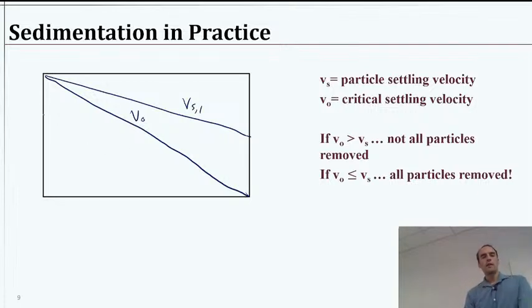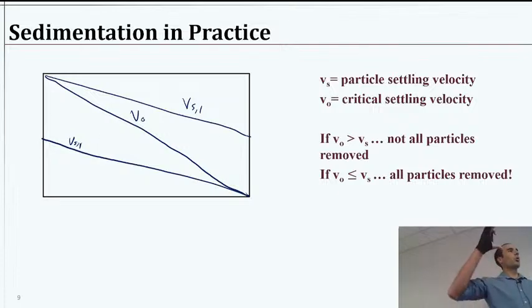We might have a VS1 particle that starts down here at that same VS1, and it's removed, right? So it's not exactly clear how many of those will be removed, unless we draw it such that we have this also being the VS1. Then maybe we can find some portion of particles that are removed in this system.